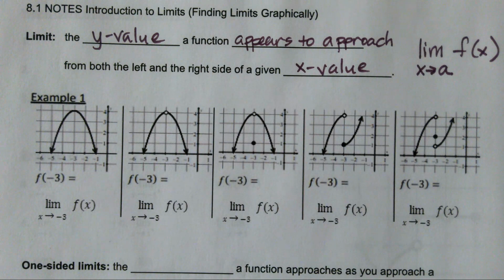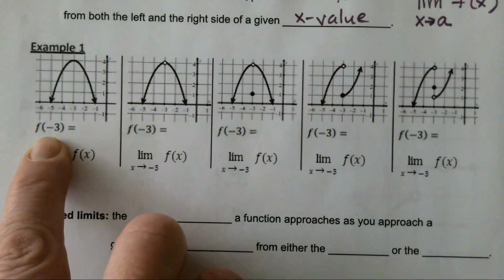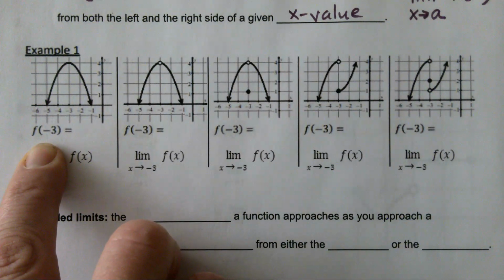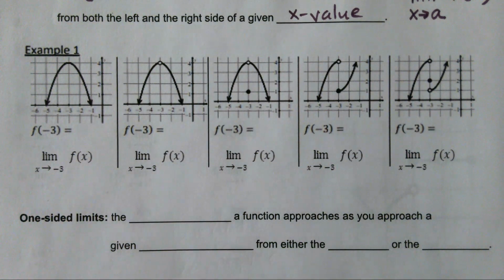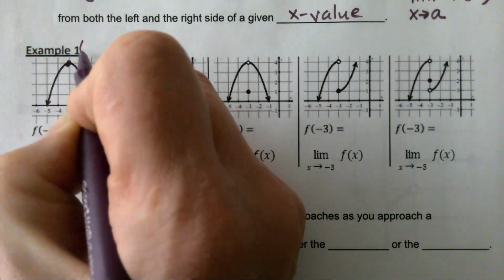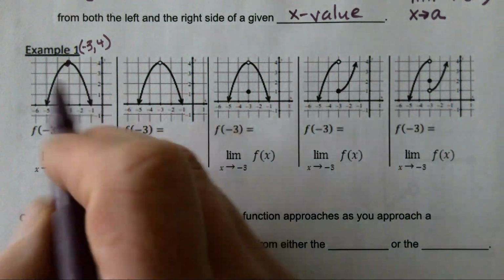I have an upside down parabola. And when I write my terminology in this fashion, this means I want to know what the value of the function at -3 is. So I go to -3 and up to the function, which is the point (-3, 4). And so the value is 4.